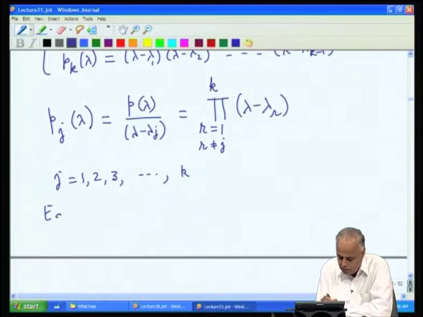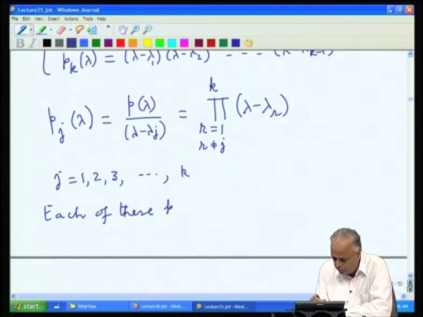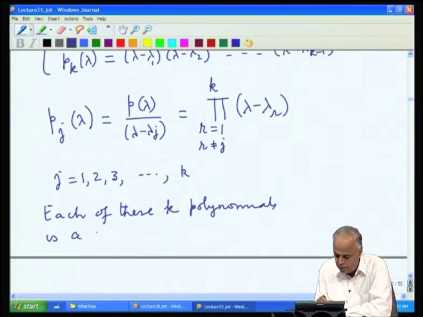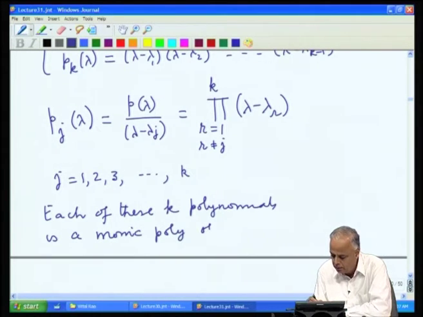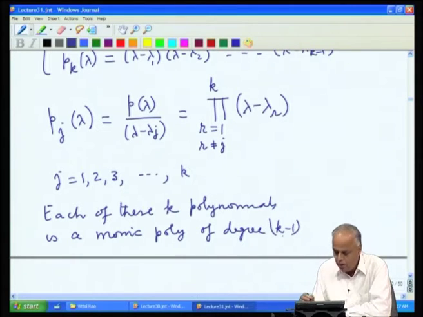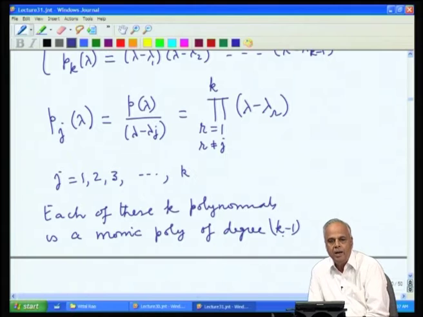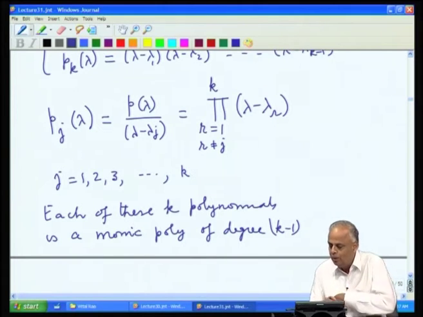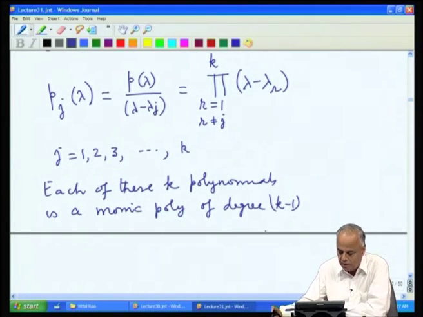Each of these k polynomials is a monic polynomial of degree k minus 1, because p was of degree k. Now, we removed one factor, so the degree becomes k minus 1.